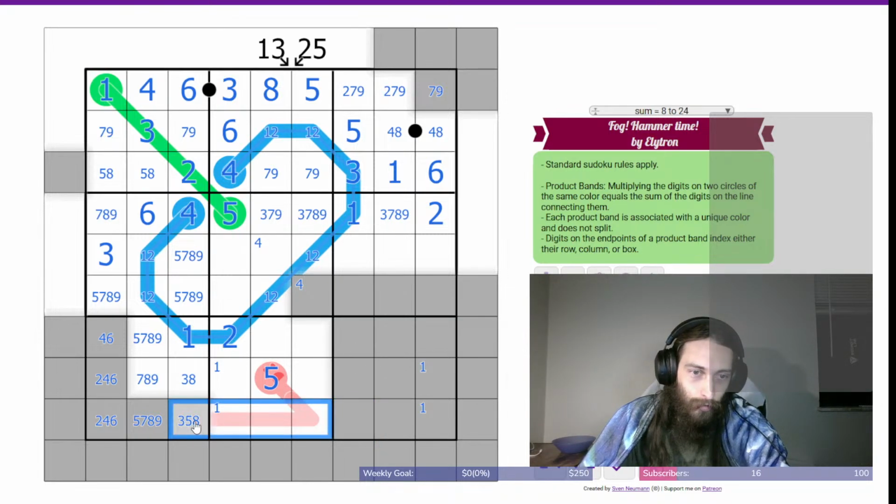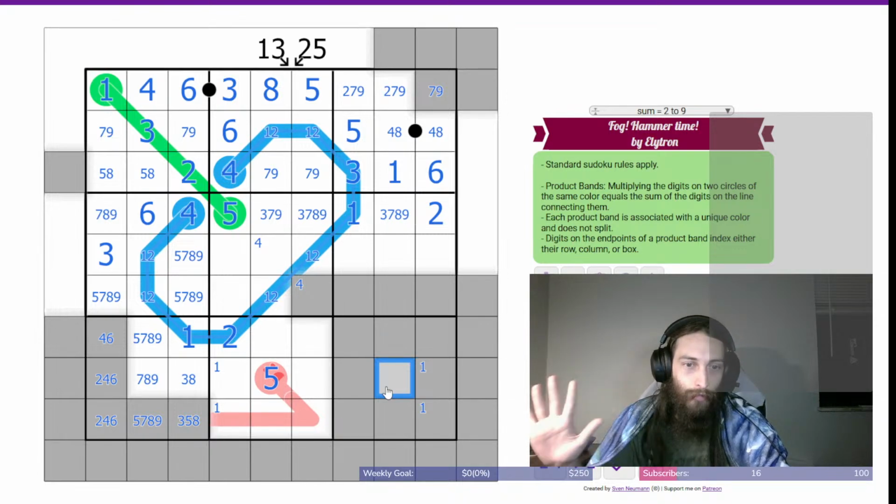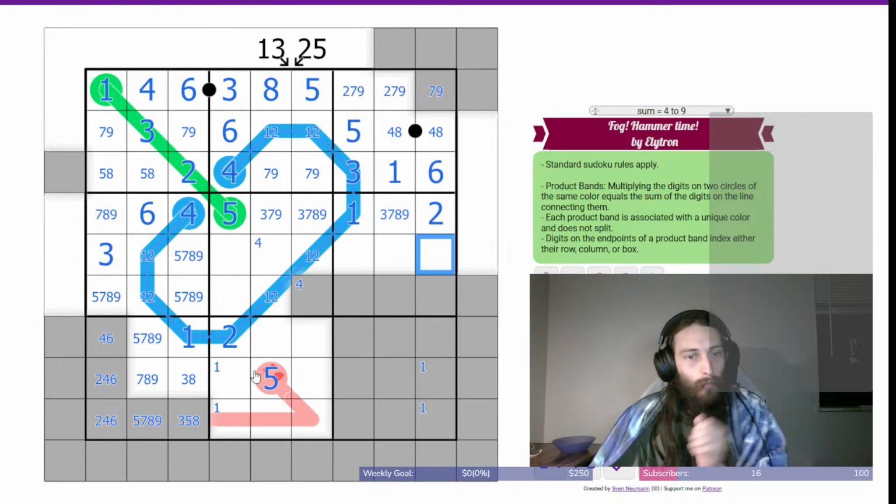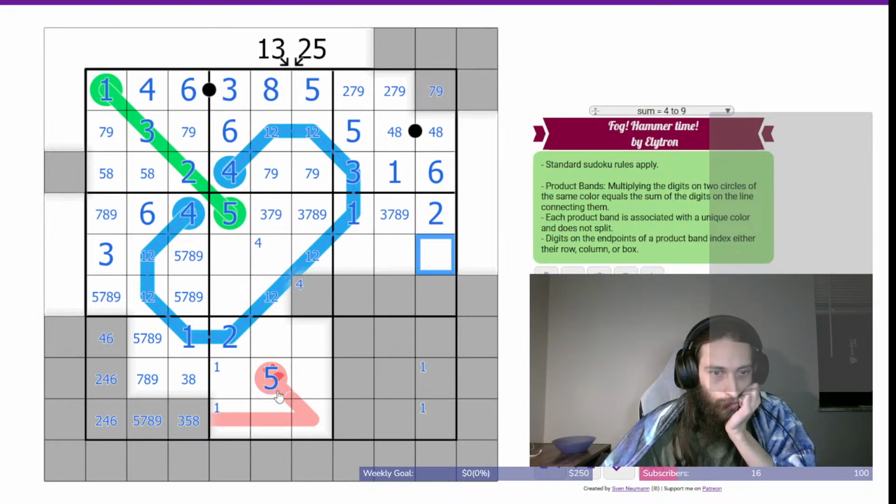Well, we know that the sum of the red line has to end in a 5 or a 0. Alright, well, this is the only new clue.